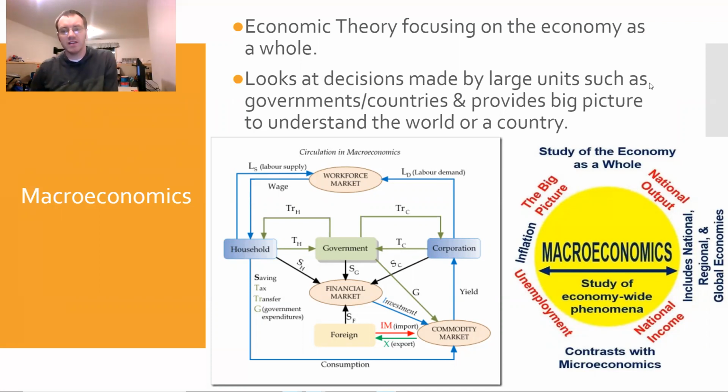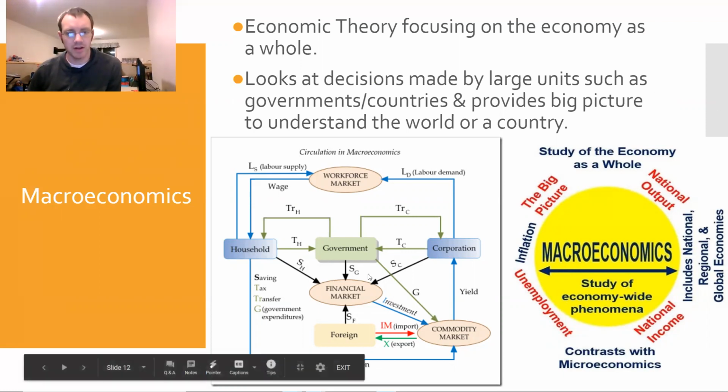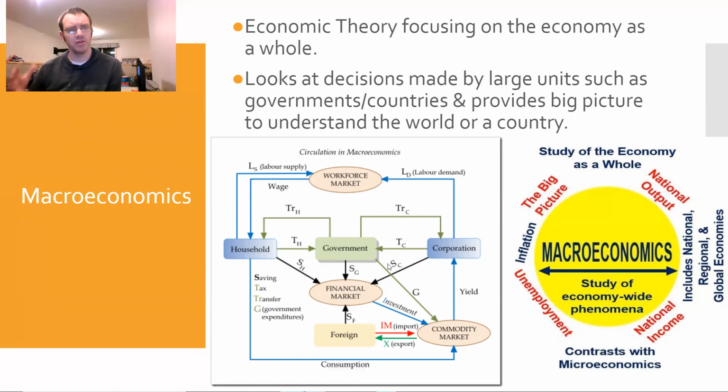We'll look at things like inflation and unemployment and income within countries to figure out how that operates. We'll look at what role the government plays in comparison to corporations and big companies and you and I in our households. That'll be macroeconomics, really looking at the big scale of everything.